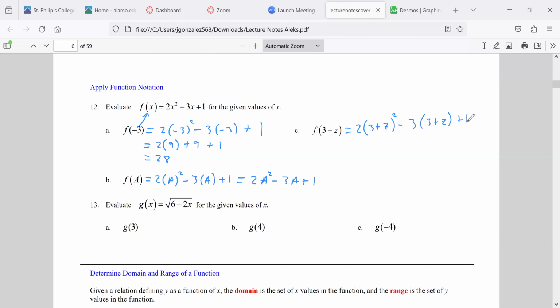So squaring this will create your 3 terms, right? It's the binomial squared. You can use a formula as a shortcut, or you can do the FOIL twice. However you want to do it.